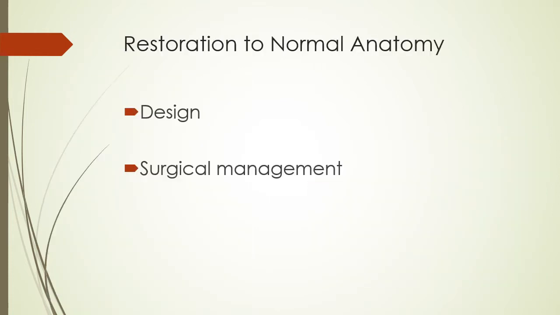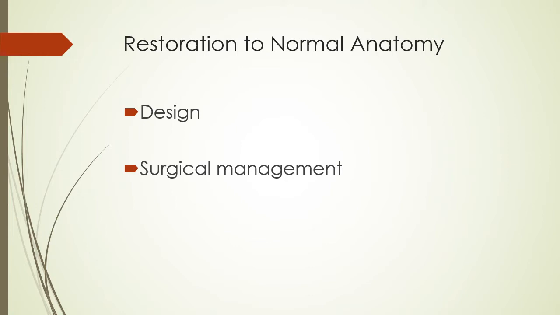So at this point, modern arthroplasty or joint replacement is always looking into restoration of normal anatomy, and that can be impacted by two different sources. One is the design of the implants, and the second one is the surgical management.